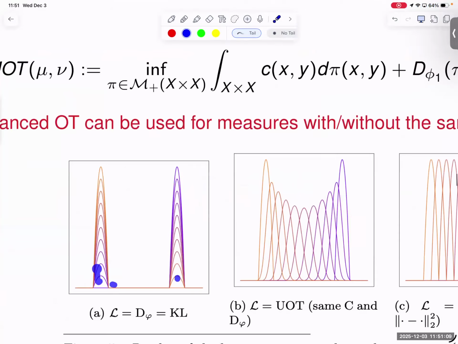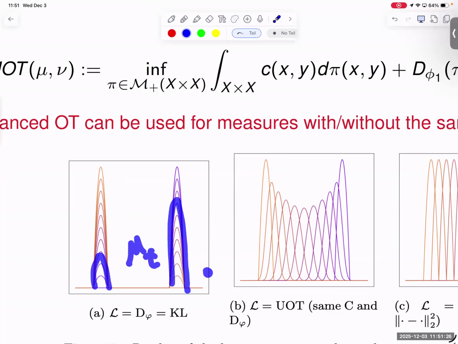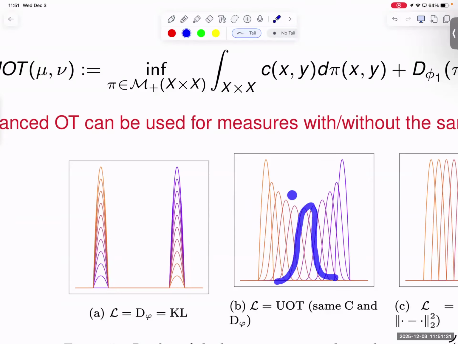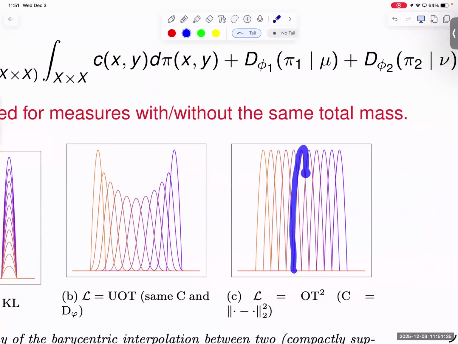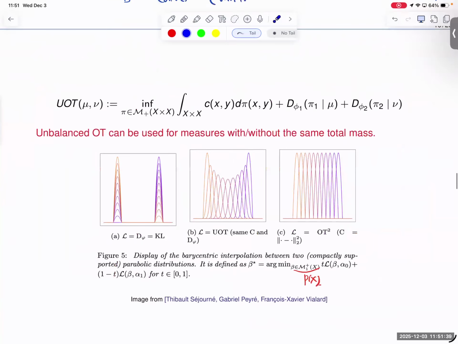You just decrease this. So for some t between 0 and 1, what you have is a smaller mass here and some mass there. Or maybe the total mass is like this and then this. That is what mu t is in this case. And here in this case, this is what mu t is, the displacement interpolation.